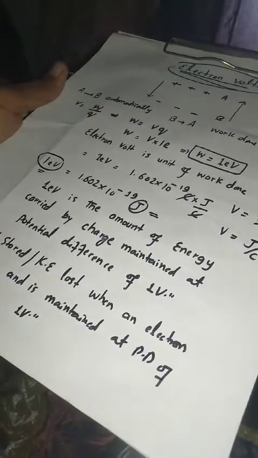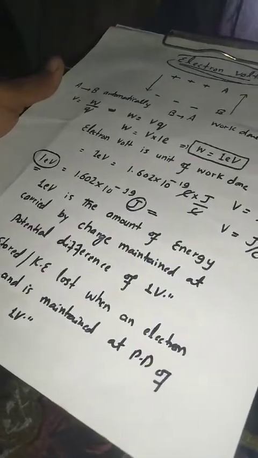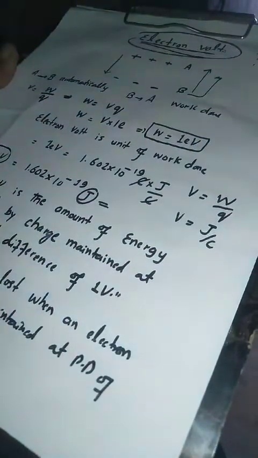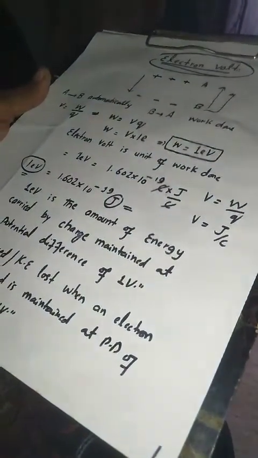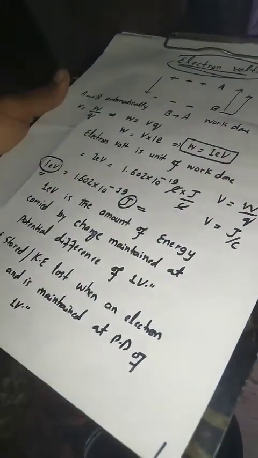Or we can say that potential energy would be stored when we move this charge from B to A, while when the charge comes from A to B, kinetic energy would be lost by an electron when it moves and is maintained at potential difference of 1 volt. Thank you.